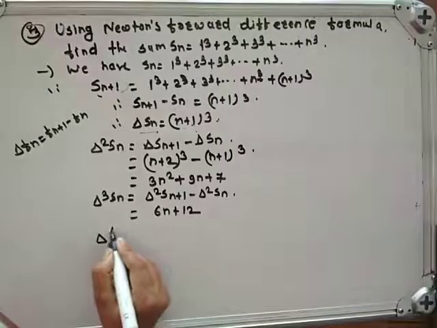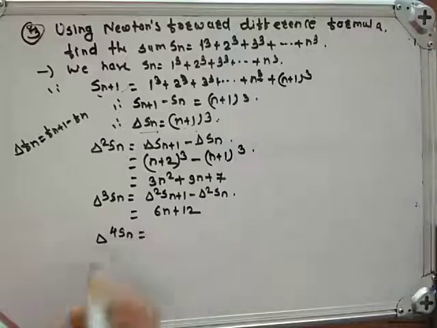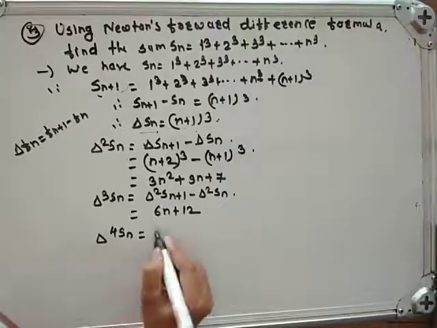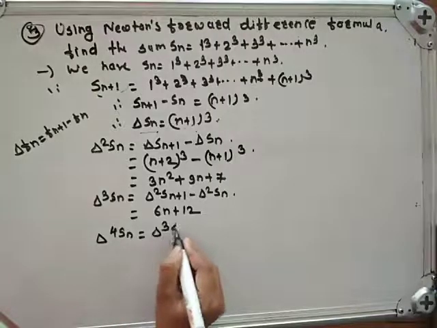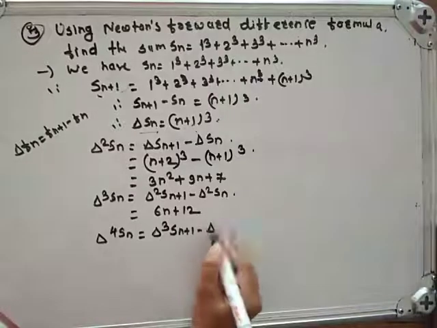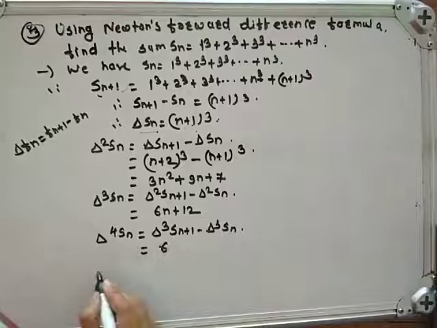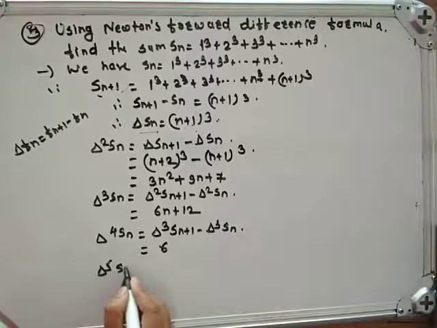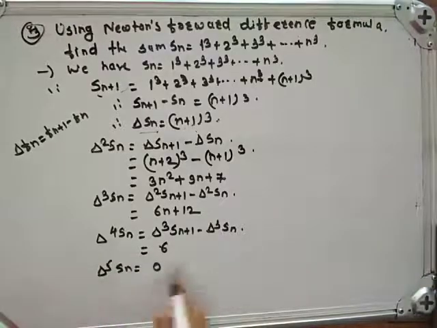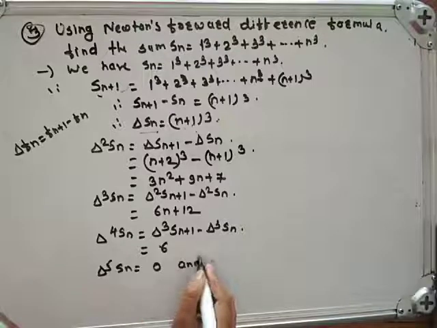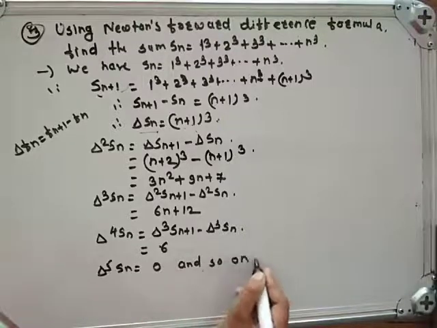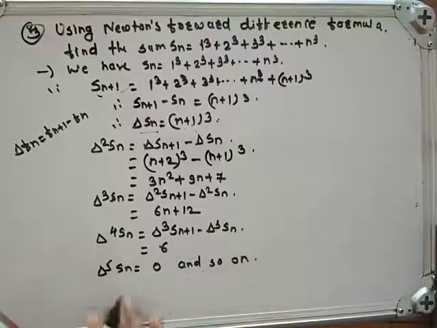Next is delta raised to 4 Sn, which is nothing but delta cube S(n+1) minus delta cube Sn, which is equal to 6. Delta raised to 5 Sn you will get 0, and so on. Next, delta raised to 6 Sn will also be 0.